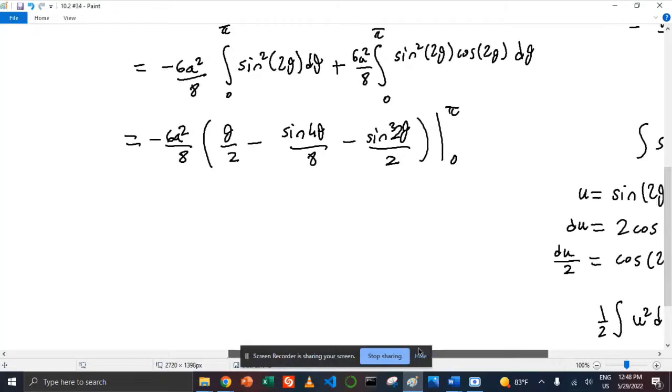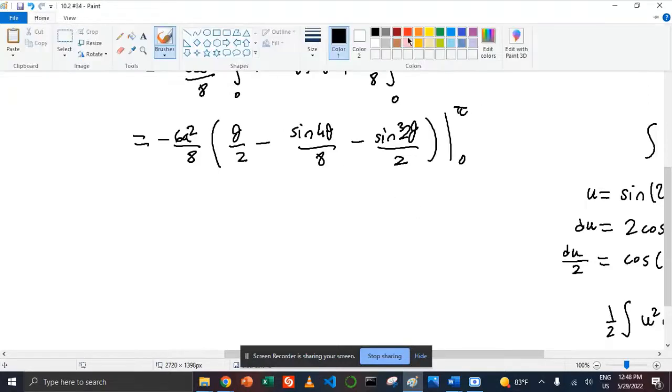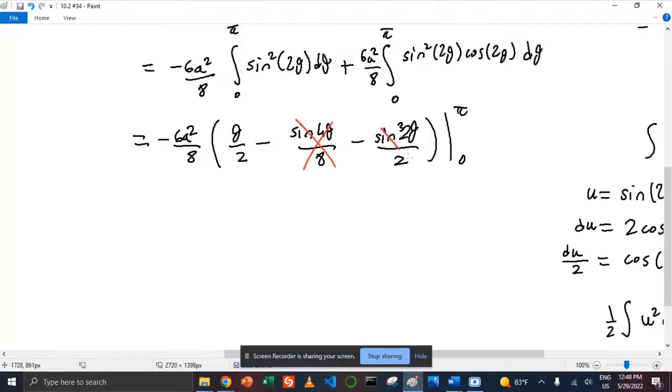Now, notice that when we take these limits, these terms will cancel because the sine of 4 pi is equal to 0, and the sine of 0 is equal to 0, and the sine of 2 pi is equal to 0, and the sine of 0 is equal to 0. So these terms are just 0 minus 0. They just go away. So it's really just this term that I have to worry about.